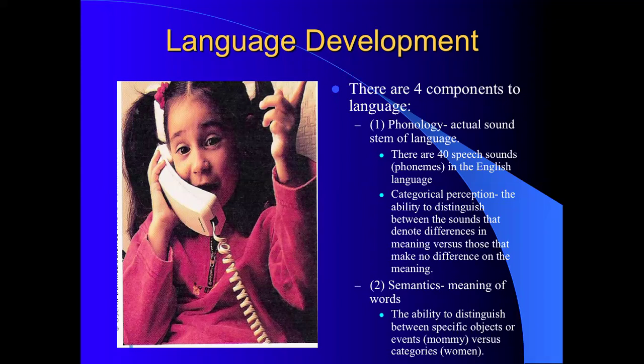So becoming a mother versus being a woman, right? Not all women become mothers, right? So that is an example of understanding the relationship and the distinctness of each word, right? So each word has some meaning to it.